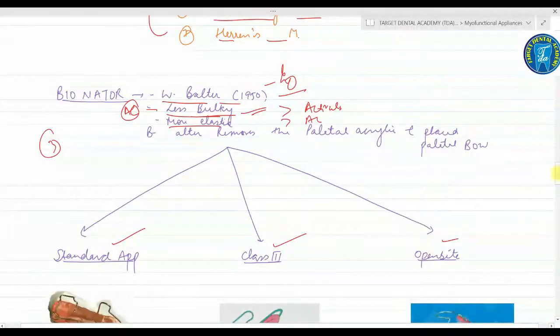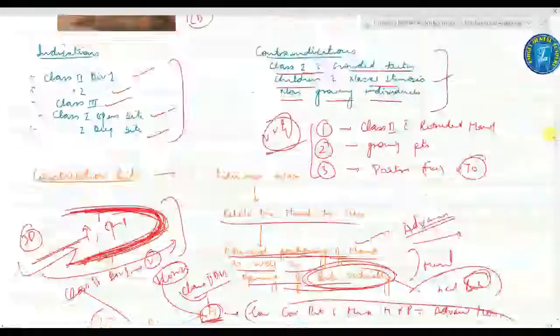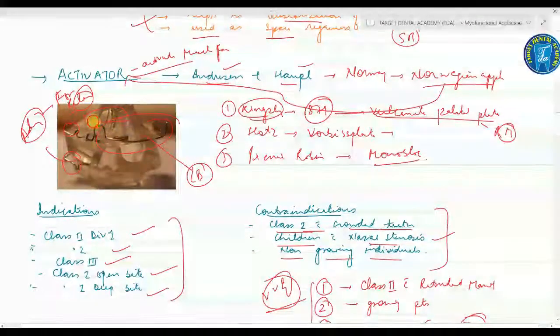So the basic difference between the activator appliance and the bionator appliance is that Balter removes the palatal acrylic, while in the activator there is a palatal acrylic.